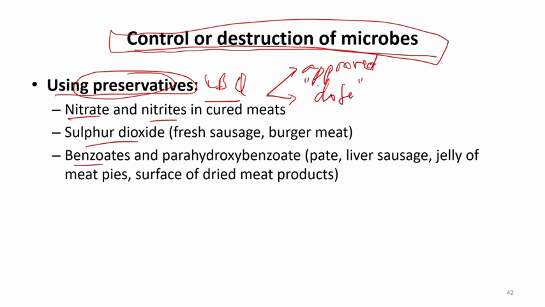For each preservative, the regulations, quy định về thực phẩm, food regulations only allow certain doses to be safe, because preservatives inhibit or kill microorganisms, but they are also harmful to our cells, to our body, if we do not follow the dose. When the concentration is below a certain level, it is safe. But when you abuse or violate it, then it's not safe anymore. So you have to follow the dose strictly.